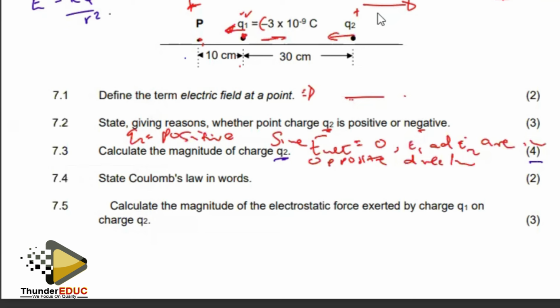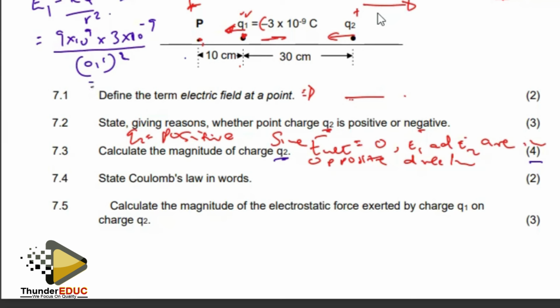So I'll start with the first one, which is Q1. 9 times 10 to the 9 multiplied by 3 times 10 to the negative 9 divided by 10 changed to meters. That's going to be 0.1. I'll square this. Now, since we know that our E net is 0, which means the E1 must be the same as the E2.